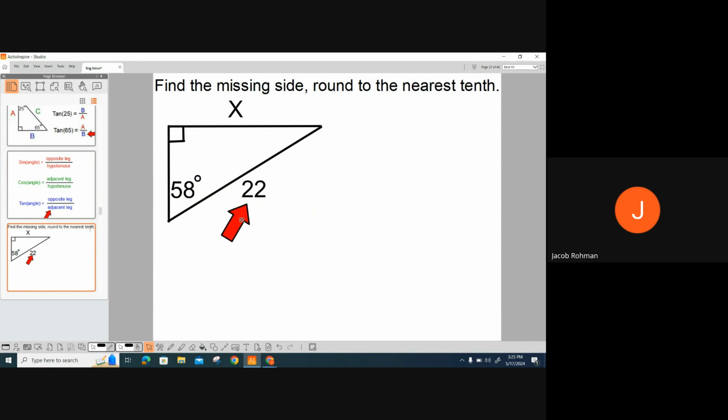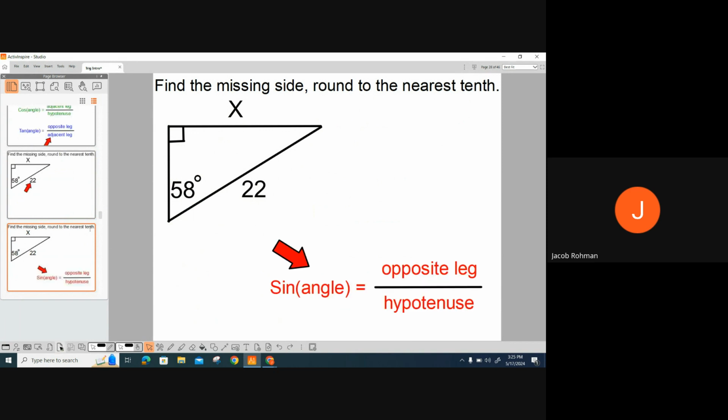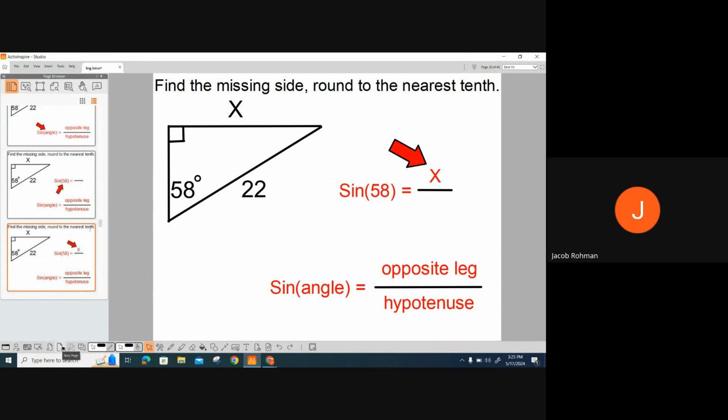So if we need to create a relationship with the 58 degrees using the opposite leg and the hypotenuse, that's going to be the sine relationship, because sine is equal to the opposite leg divided by hypotenuse. So we would say sine of 58 degrees is equal to the opposite leg x divided by the hypotenuse of 22.